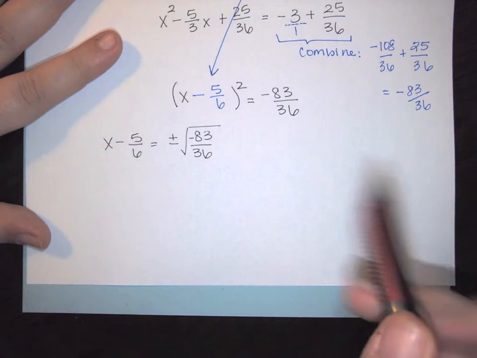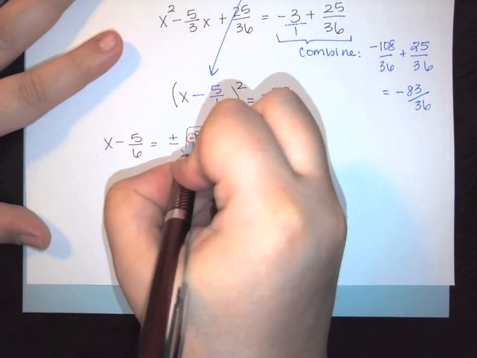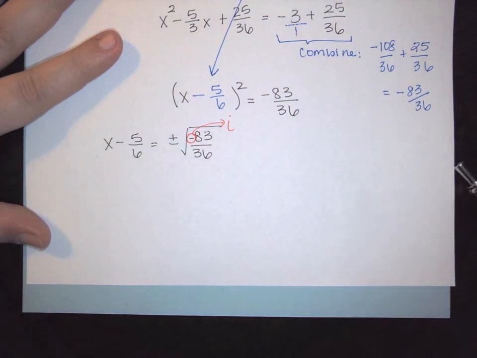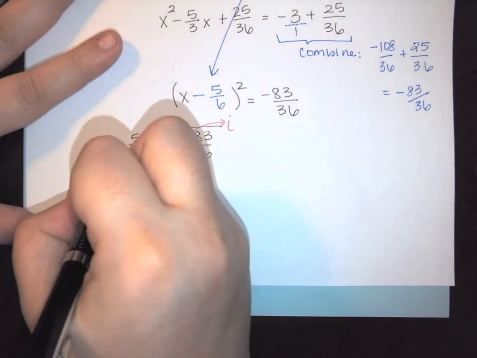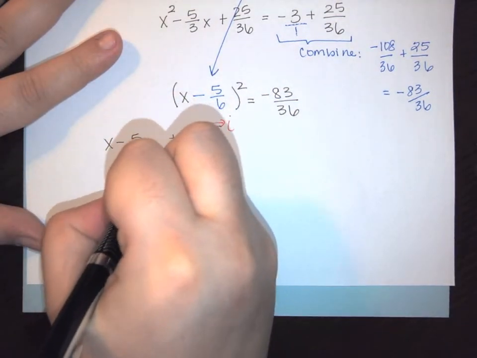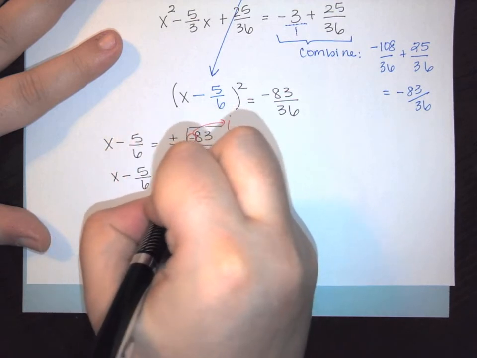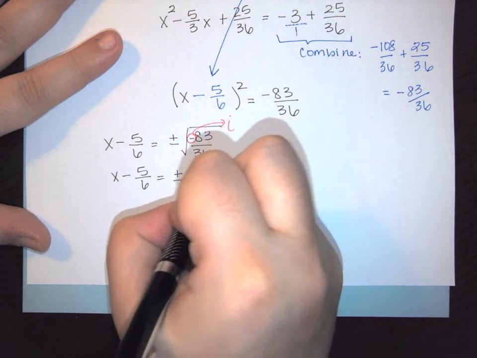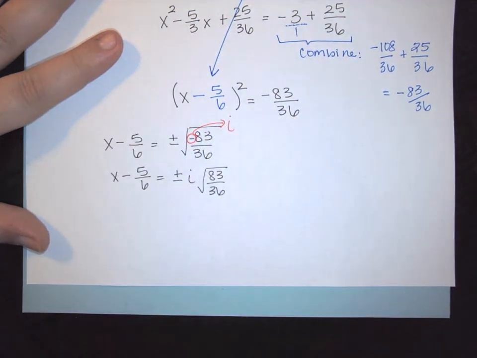A couple things have to happen here. First, this negative is going to pull out as a complex. So in this case, we end up with my x minus 5 over 6 gives you plus or minus i square root of 83 over 36.